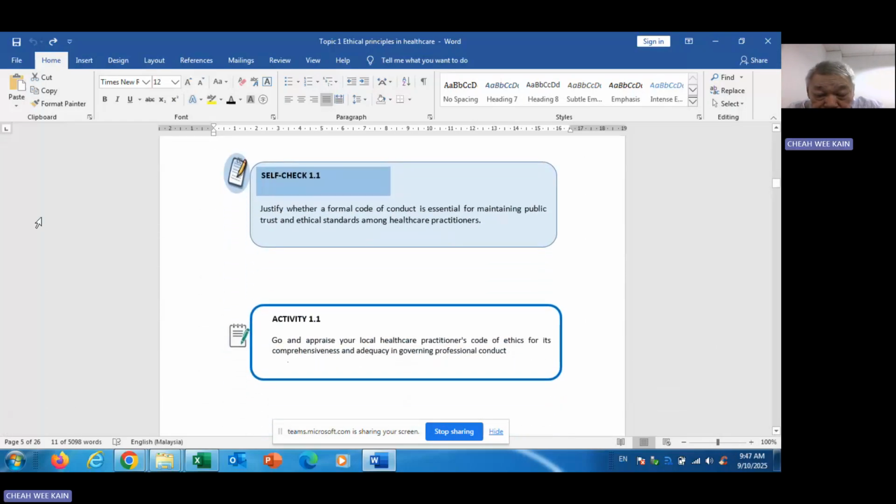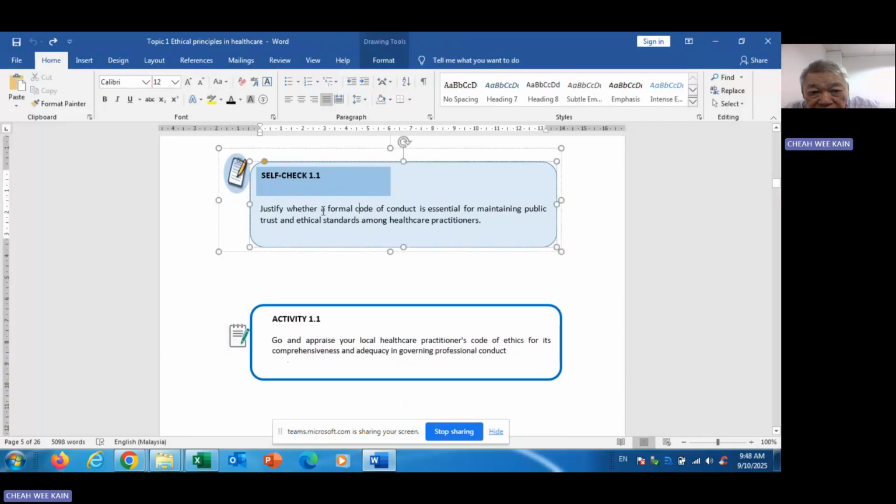Now, I want you to look at this self-check 1.1. Justify whether a formal code of conduct is essential for maintaining public trust and ethical standards among healthcare practitioners. What is a formal code of conduct? Formal means written.